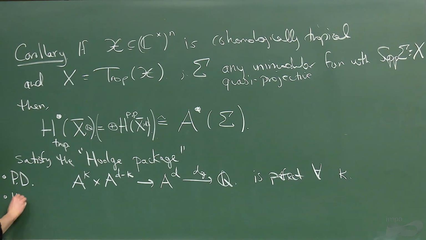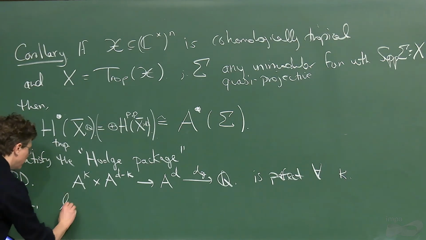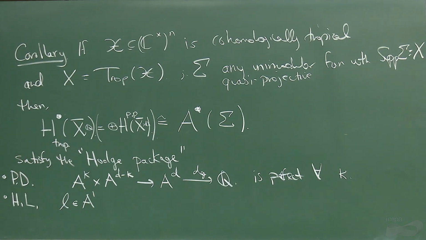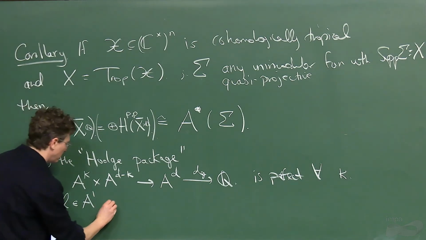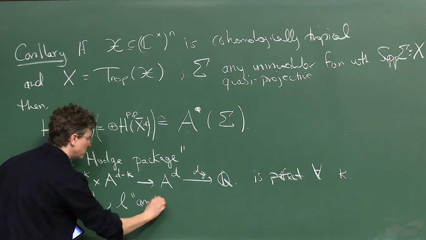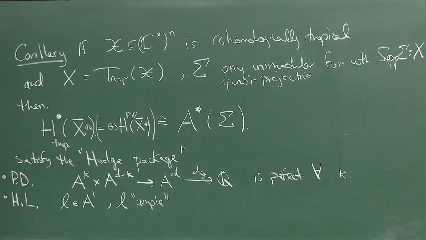We also have a hard Lefschetz theorem. For this, we need to have a certain notion of special classes in A^1, and L has to be so-called ample. It's not too difficult to describe what this ample condition means, but let's not worry about it for now.